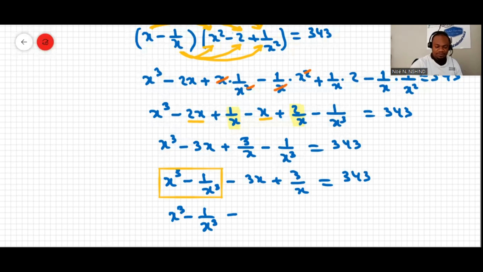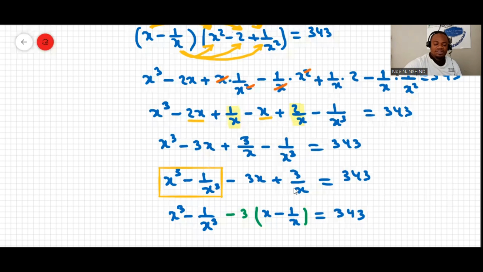If I do that, I will be left with x minus 1 over x. Because if we multiply negative 3 by x, you get negative 3x, and multiply negative 3 by that, you get positive 3 over x.